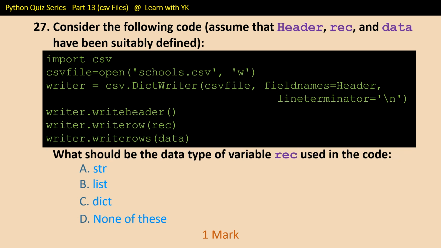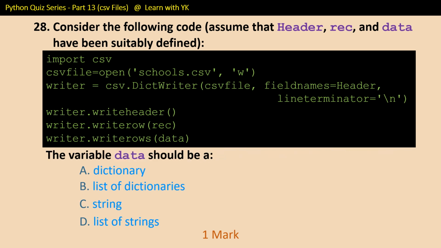Question number 27. Consider the following code. It is the same code again. What should be the data type of the variable rec used in this code? See it carefully. And the correct answer is option C. It has to be a dictionary.